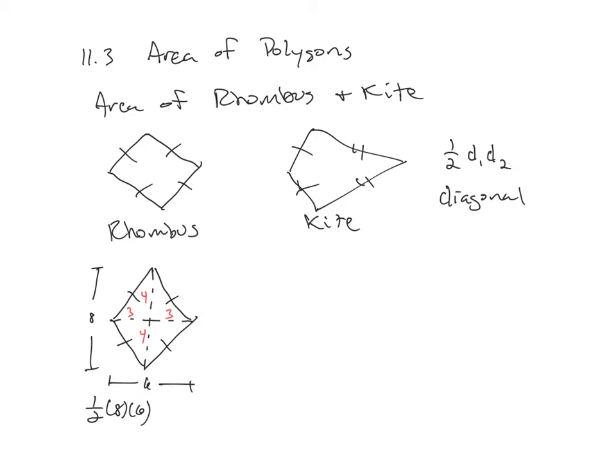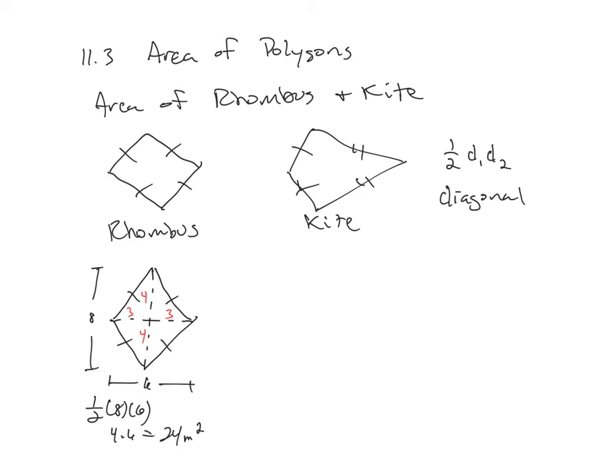You could do 8 times 6, and then do half. You just get to do half one time. I think the best way is to do half of the biggest number, and then multiply the other one. So whatever dimension you have, meters squared, feet squared, inches squared, you need to write that down. Okay?